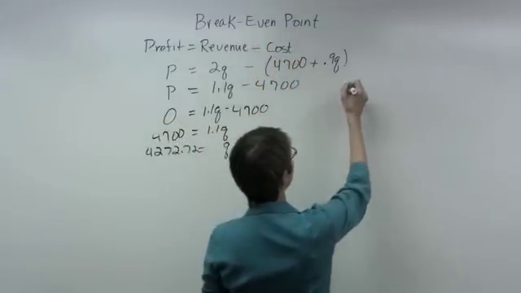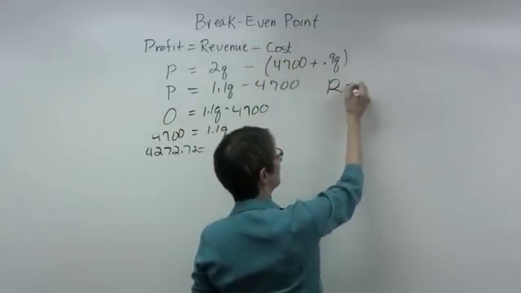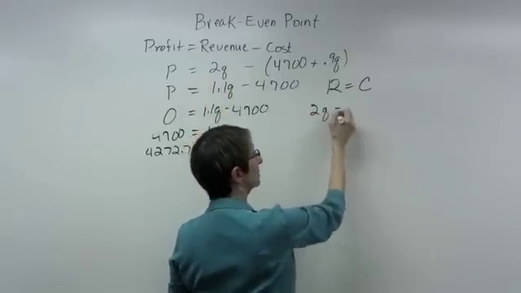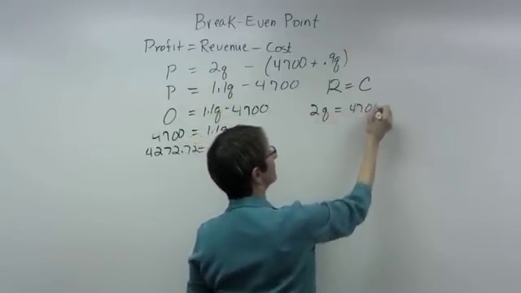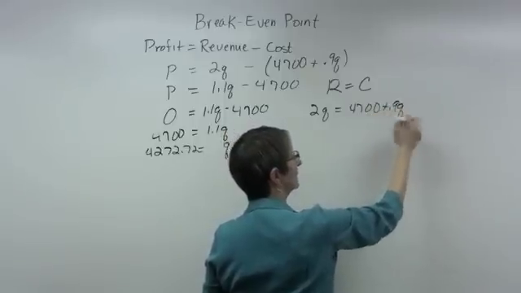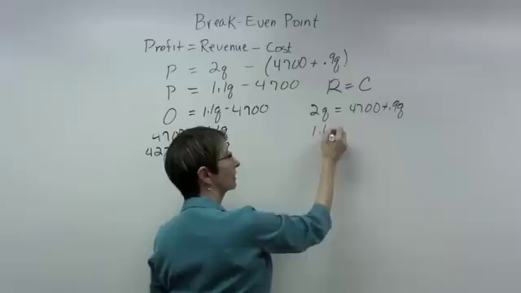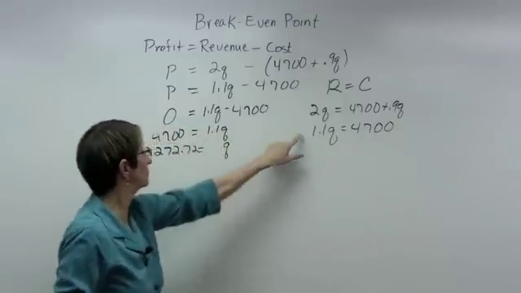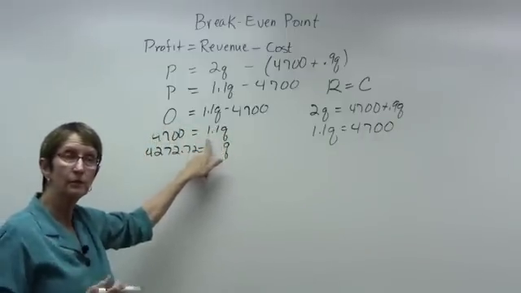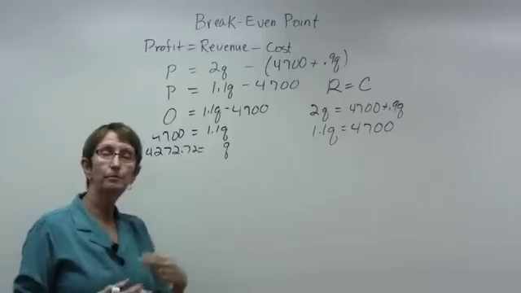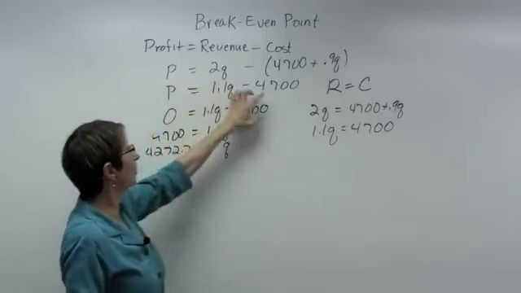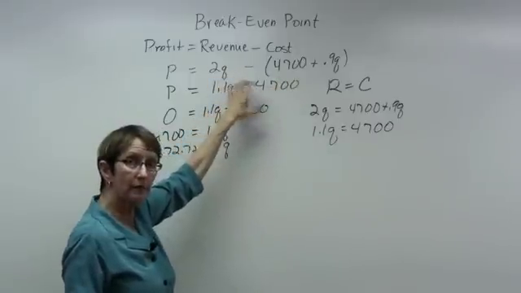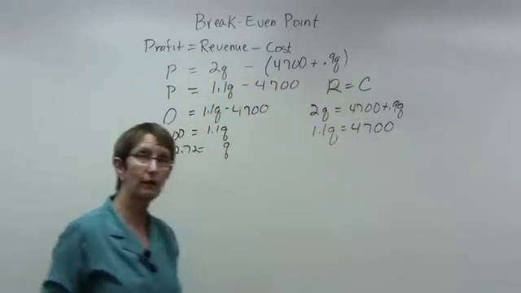So I can set revenue equal to cost. Revenue is 2Q. Cost is 4,700 plus 0.9Q. If I subtract 0.9Q, I'll have 1.1Q equals 4,700, which gets us to the same place. So there are two ways to think of breaking even. Either set the profit equation equal to 0, or even before you get to profit, just set revenue equal to cost and solve it that way.